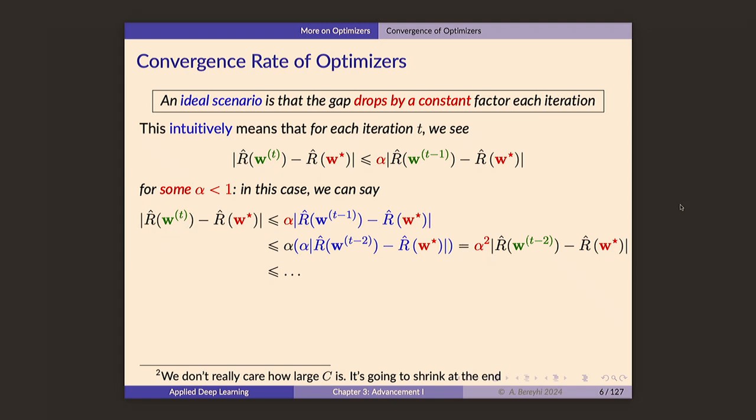And if I keep on going backward till the very first iteration, I can conclude that my current optimality gap is smaller than the initial optimality gap that I started with times alpha to power t. And all of you know that if alpha is even a very tiny bit smaller than 1, this t does not need to be too large for alpha to power t to be very small.